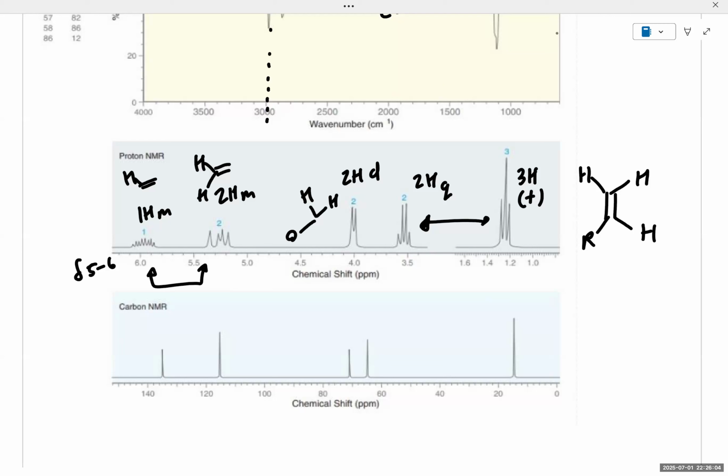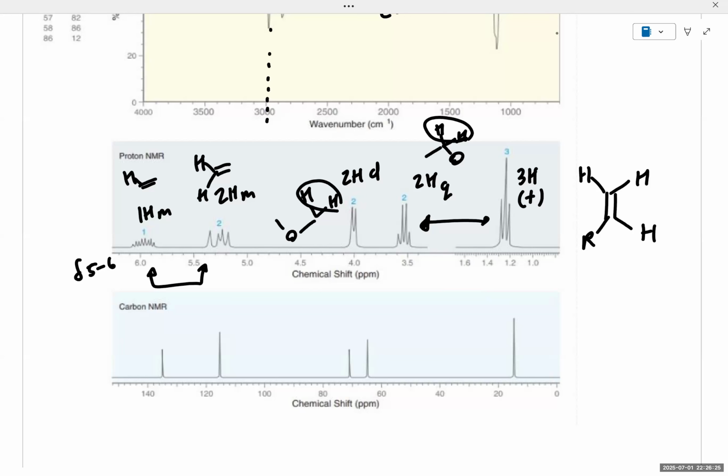This peak of around 3.5 also suggests a methylene group adjacent to a carbon that's attached to an oxygen.